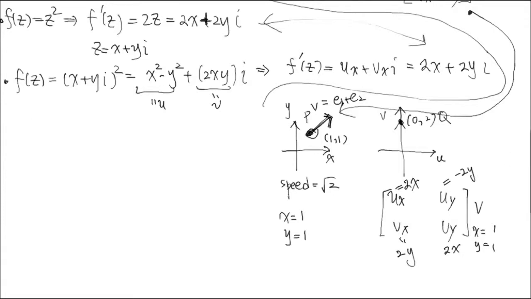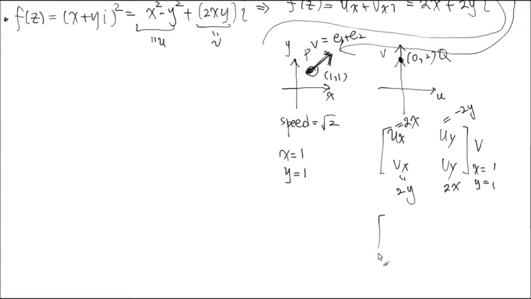Now, what is this matrix? x equals 1 is a 2, right? y equals 1 is a negative 2. And here's 1 is a 2. And here's a 2. That's the matrix. Oh, what are you multiplying in here? What's v? What's the coordinate of v?